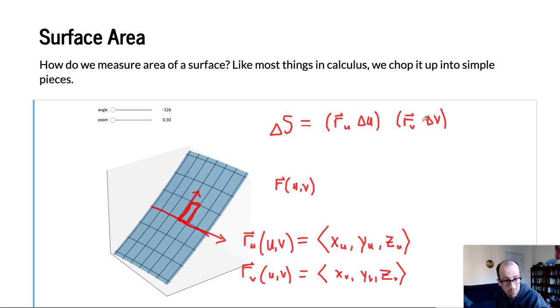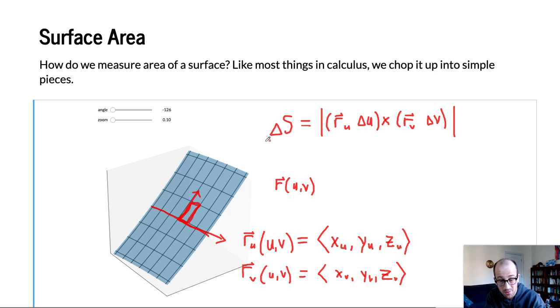This is linearization where we take our two tangent vectors to the plane, and then you may recall if I've got the two edges of a parallelogram as vectors, I can find the area of that parallelogram cleverly by just taking the cross product and then finding the magnitude of that. Remember the magnitude of the cross product is the product of the magnitudes times the sine of the angle between them. That exactly gives you the area of a parallelogram.